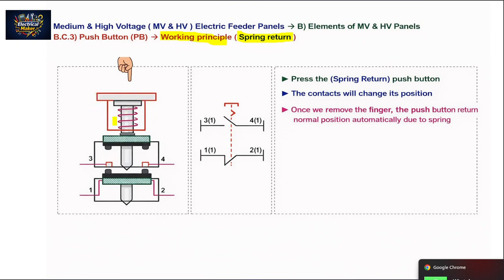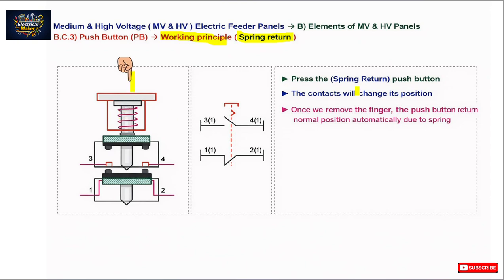You can see a push button here based on working principle. Now we are going to discuss some more points of spring return. Press the spring return push button. You can see here a hand is pressed here.